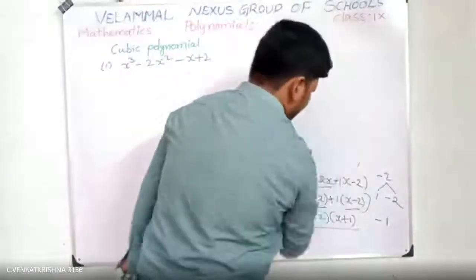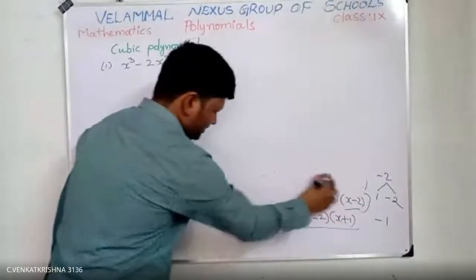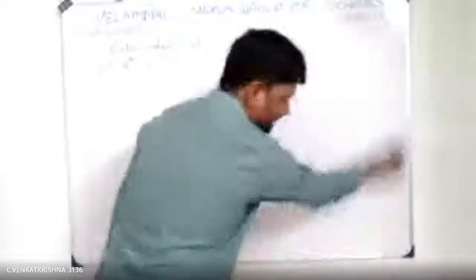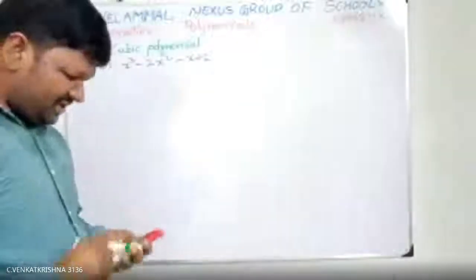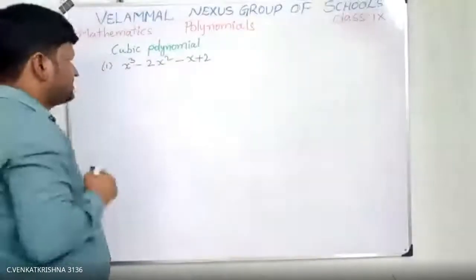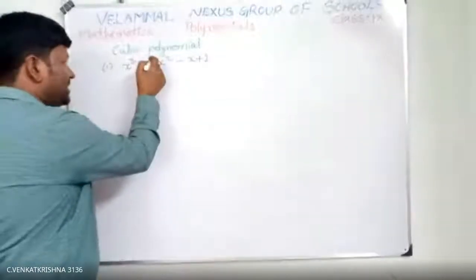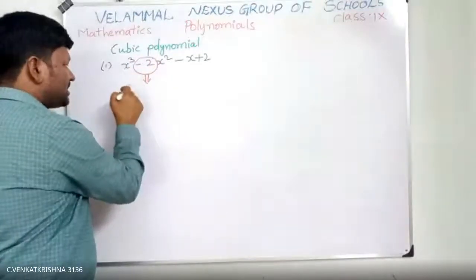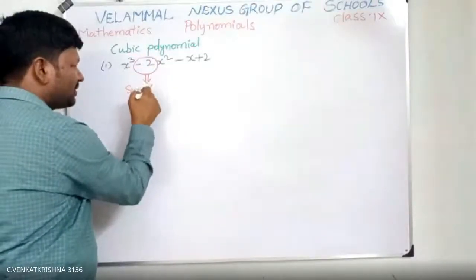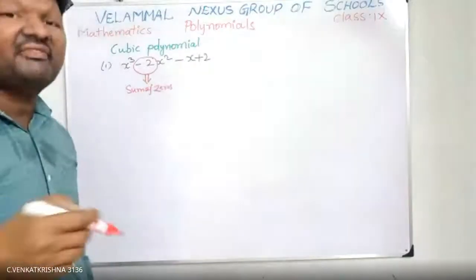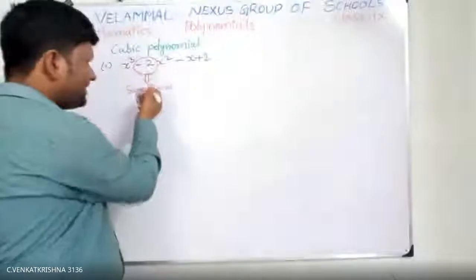Now, actually this shortcut will come in the 10th standard concept. Simply, shortcut means we need to take only one point. The point is this: the x squared coefficient is the sum of zeros. Sum of zeros means the sum of factors.